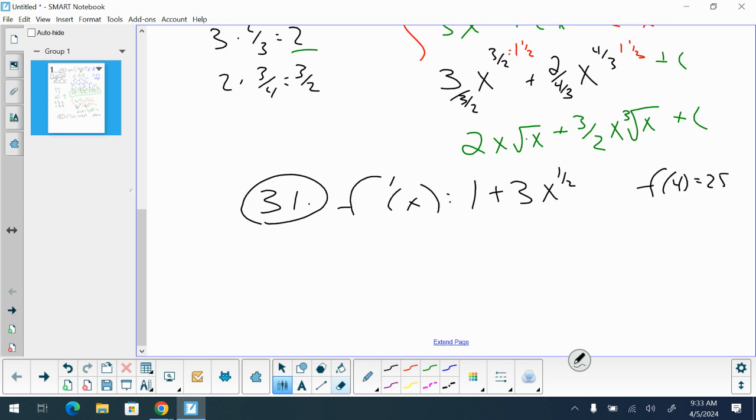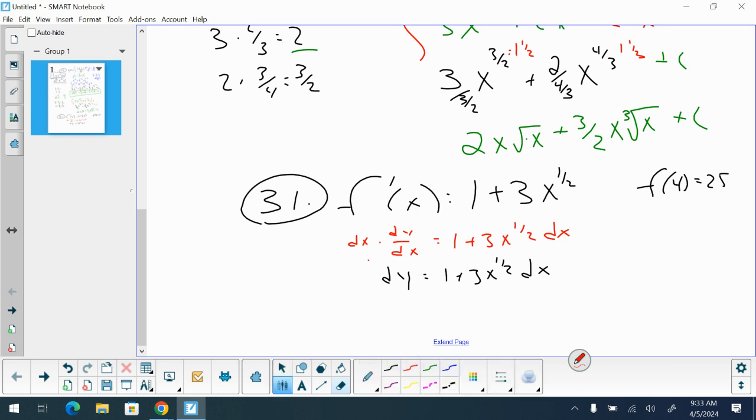You can think of this as a differential equation. We can think of this as dy over dx equals 1 plus 3x to the 1/2 power. We can multiply by dx, so we're left with dy is equal to 1 plus 3x to the 1/2 dx.